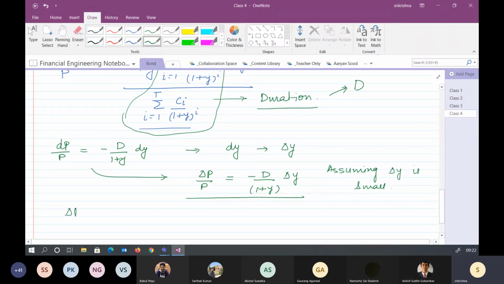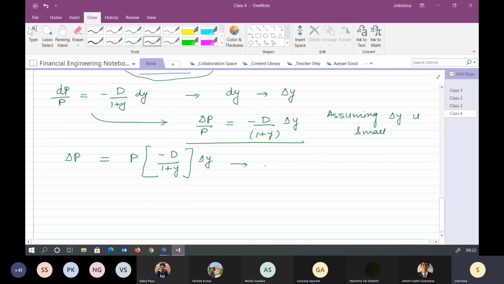So now delta P, what will be the change in the price? It will be P times the whole expression here. This would be the change in the price if YTM has changed by delta y. So the new price I can calculate as P plus delta P, where delta P has come from this. This is what duration is mathematically.